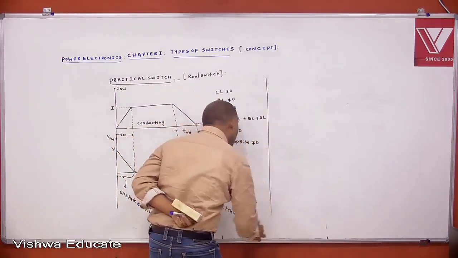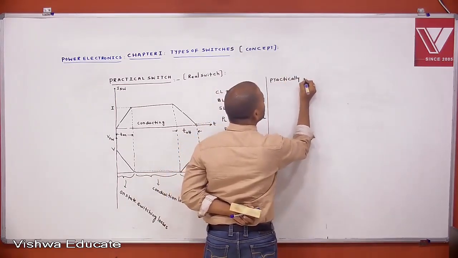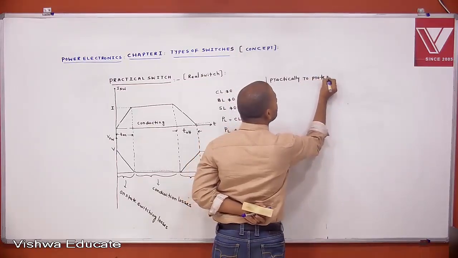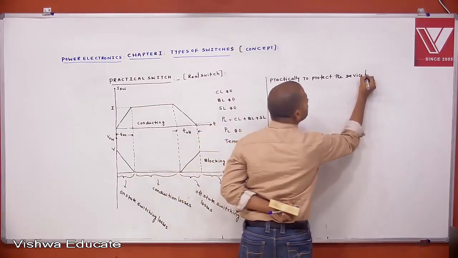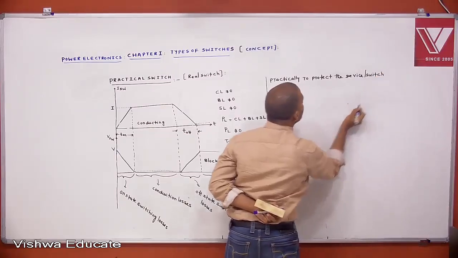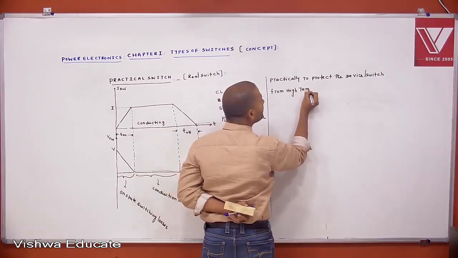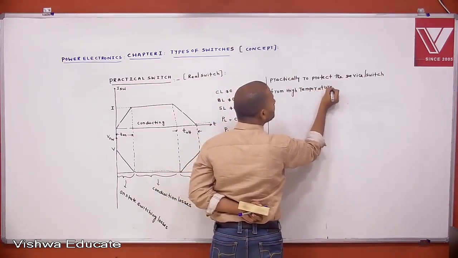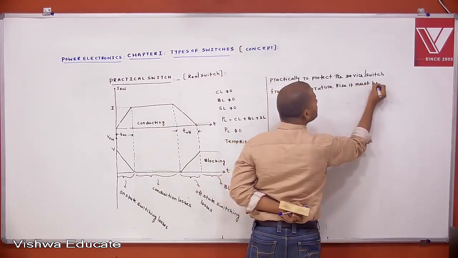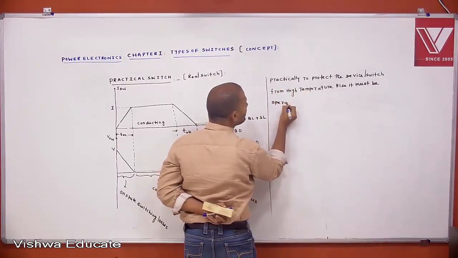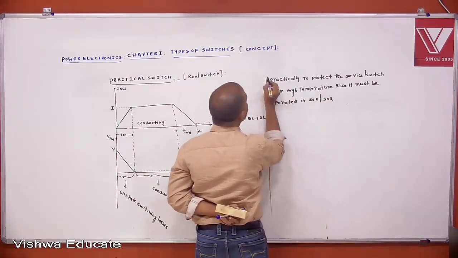Therefore, practically, to protect the device or switch from high temperature rise, it must be operated in the safe operating area or safe operating region.